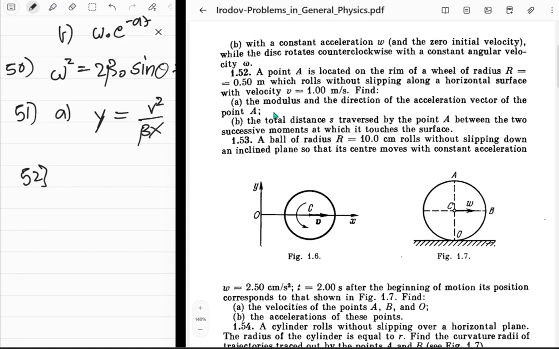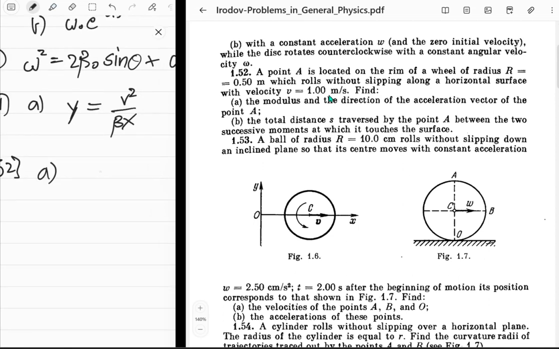Right, so then the modulus and direction of the acceleration vector of the point A. So it's towards the center of mass at all points. Right. And what's the modulus? It's just omega squared r. Exactly. So omega is just v upon r. Okay, fine. So it's just going to be v squared upon r in that case. Perfect. So A, it's very easy actually.